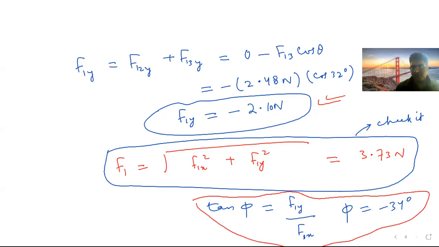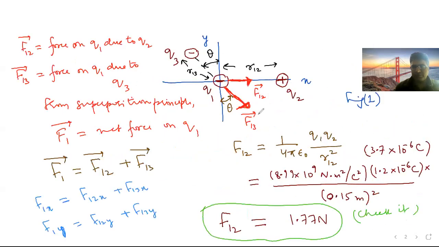That means minus 34 degrees means this F1 vector will be, if this is F1 resultant, I'm showing it approximately. This angle, let me use another color, this angle will be 34 degrees because it's minus.